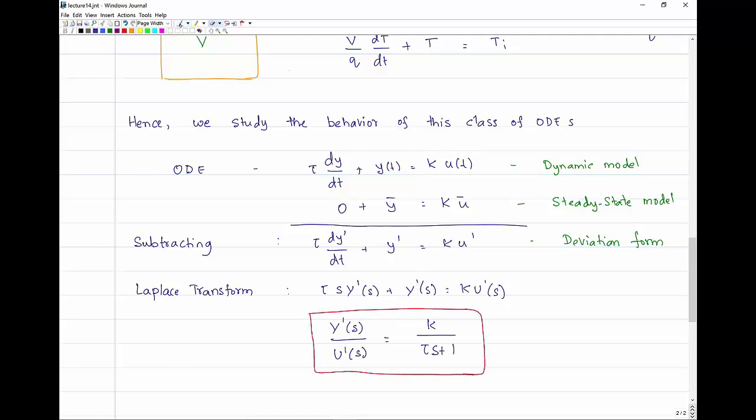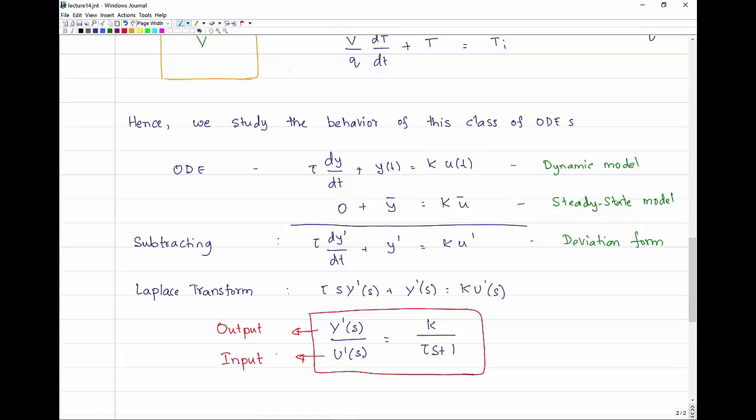The transfer function that you see here is very important. This is a transfer function that you will come across quite often, and it's called the transfer function of a first order process. It's given by K over tau s plus 1, where K is the gain of the process and tau is the time constant of the process.